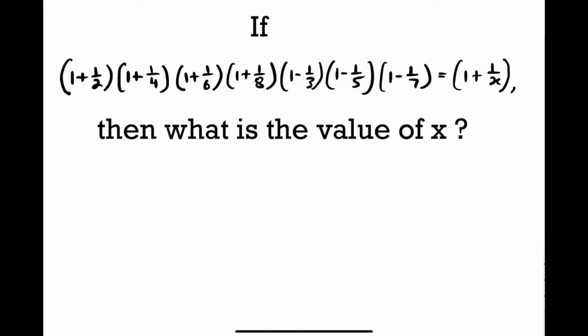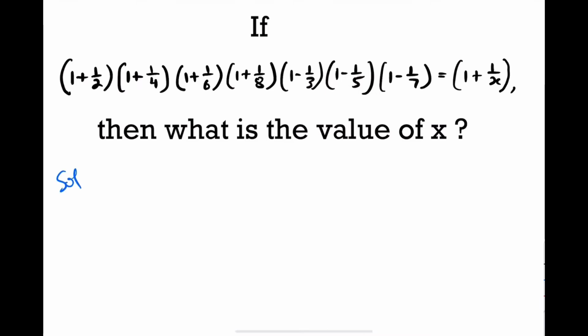If (1 plus 1 by 2) into (1 plus 1 by 4) into (1 plus 1 by 6) into (1 plus 1 by 8) into (1 minus 1 by 3) into (1 minus 1 by 5) into (1 minus 1 by 7) equal to 1 plus 1 by x, then find the value of x.